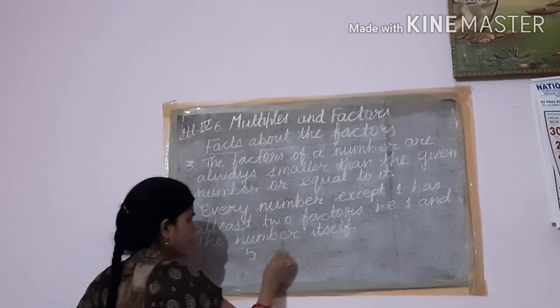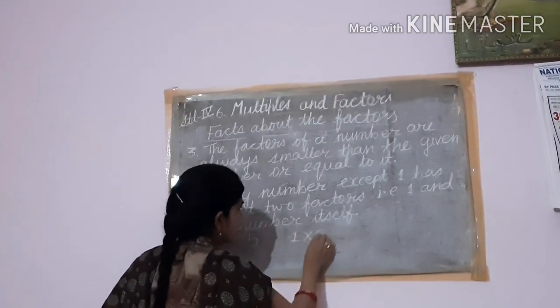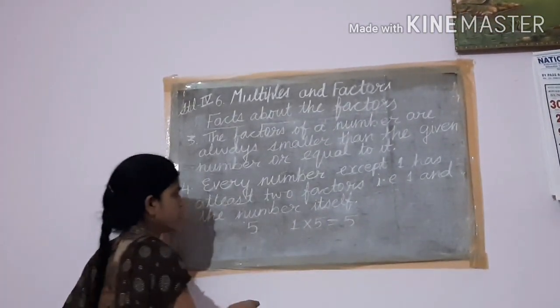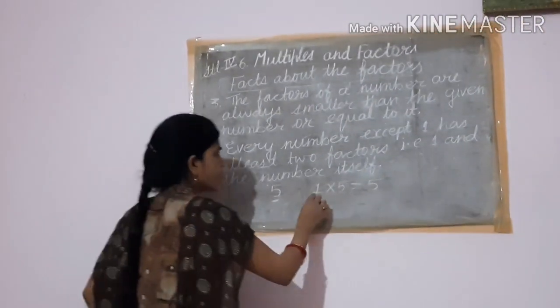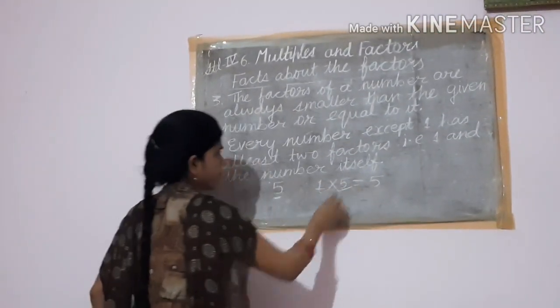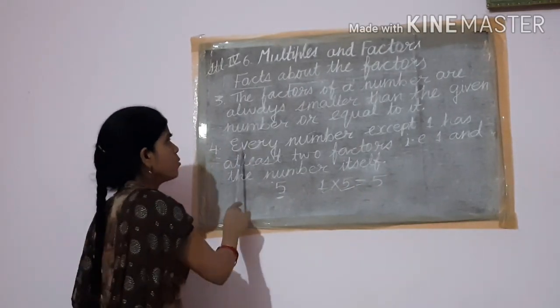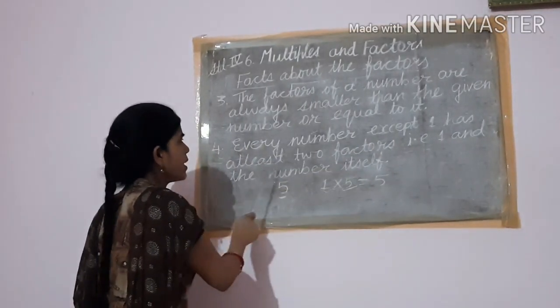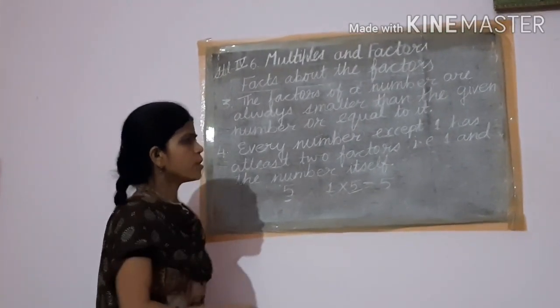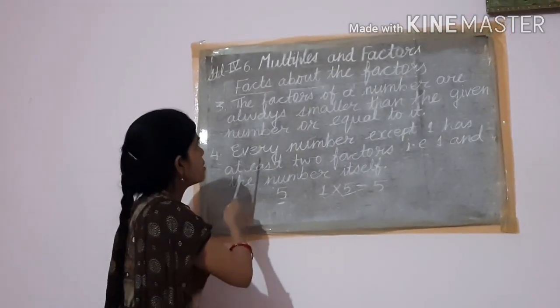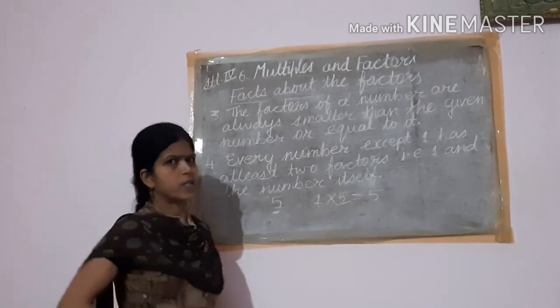So 1, you know, 1 is the factor of every number. See, 1 5 is 5, and the number itself. If not getting another number, then at least a minimum of 2 factors are there. So this concludes every number except 1 has at least 2 factors, that is 1 and the number itself. So children, learn, remember all these facts.